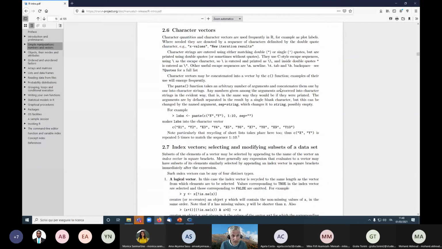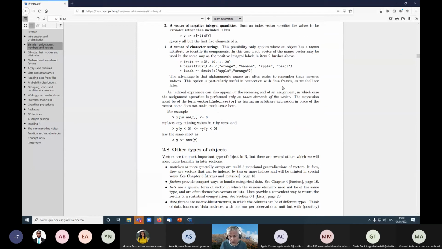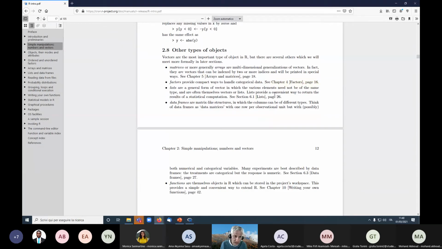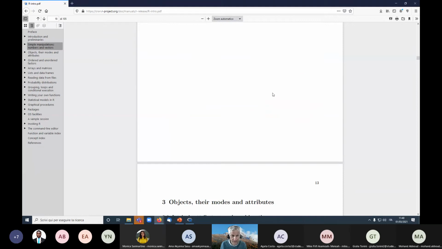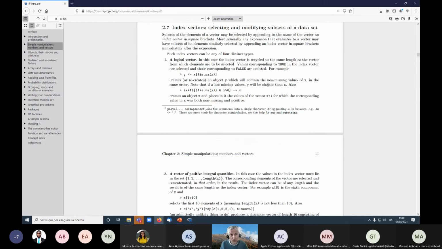If you could just have a look, and if you don't understand something, don't worry, just leave it, because we will go through this together, okay? Up to page 12. By next Monday, if you could get a look, it would be great, okay?